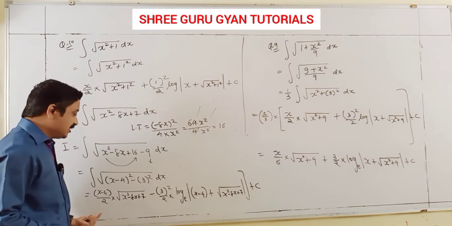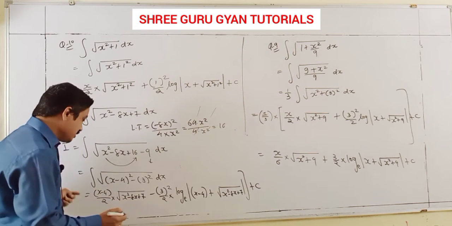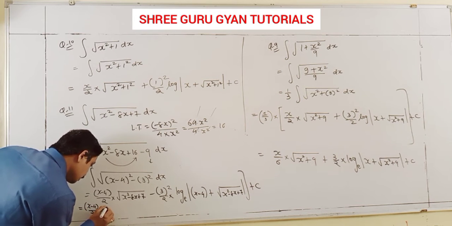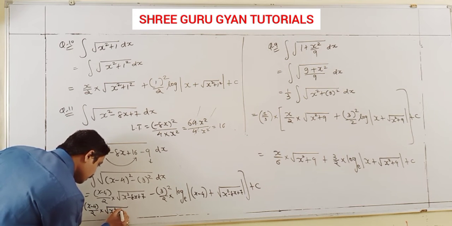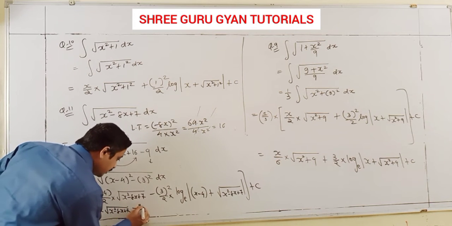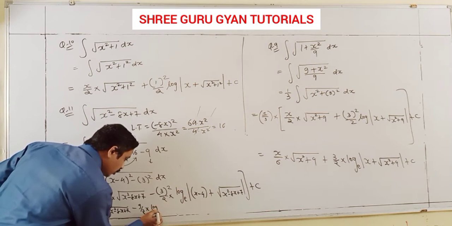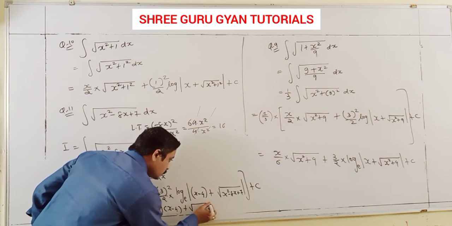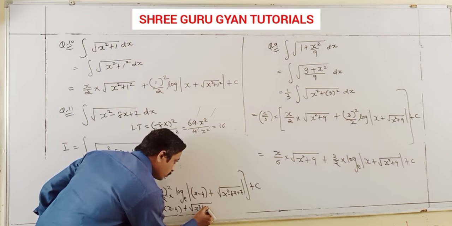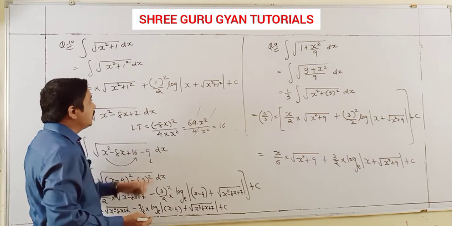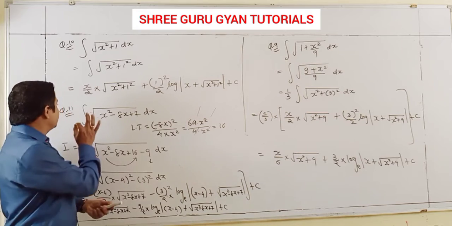Now finally you can arrange here 9 by 2, and my data is done: under root x square minus 8x plus 7. And here students, just 9 by 2 I write down log e plus under root plus c, and that's the final answer to your question number 11.